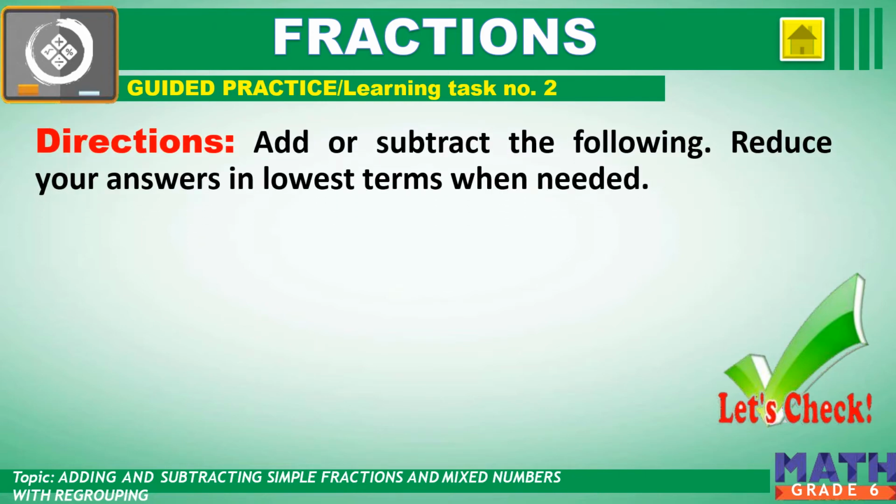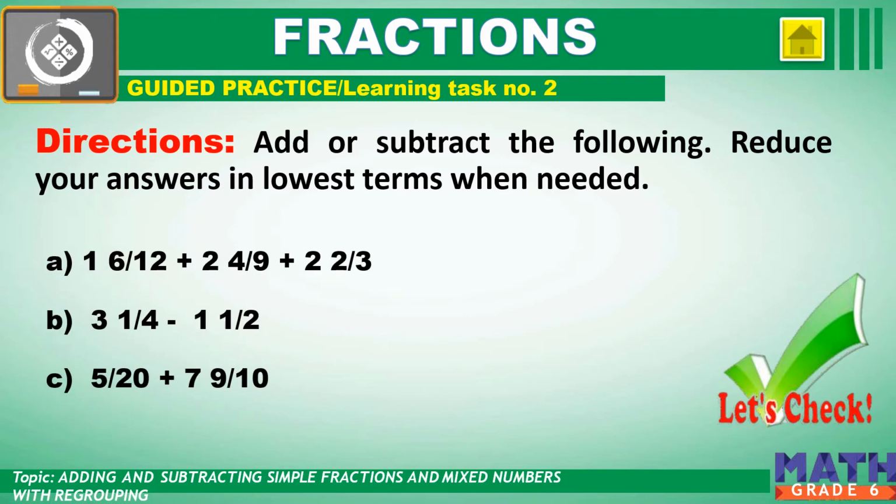Okay, so this time you are now on our guided practice, learning task number 2. This is our direction: add or subtract the following. Reduce your answer to lowest terms when needed. For letter A, 1 and 6/12 plus 2 and 4/9 plus 2 and 2/3.